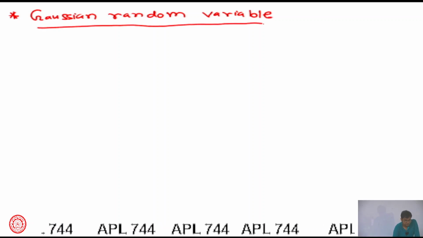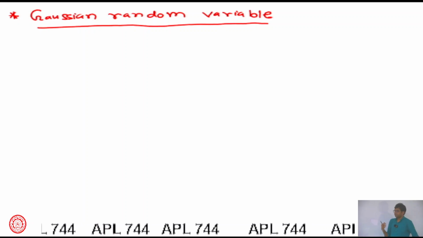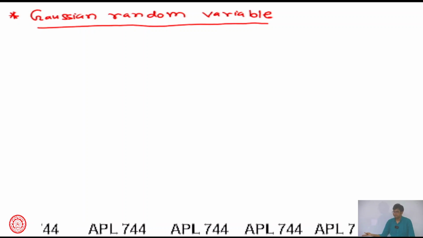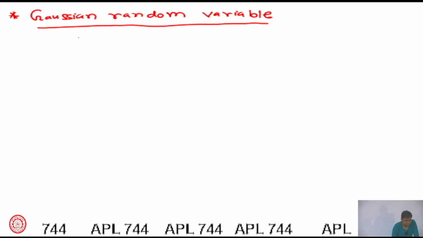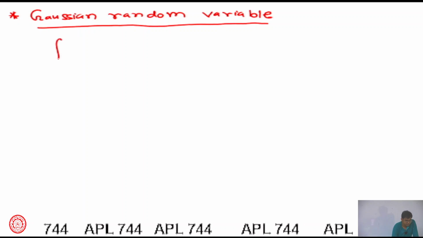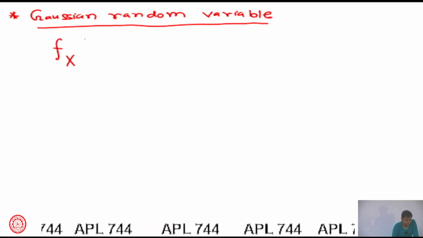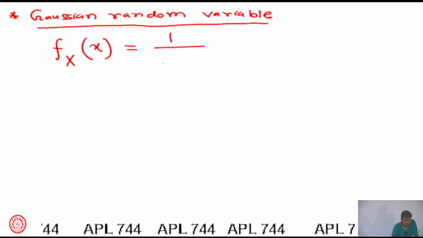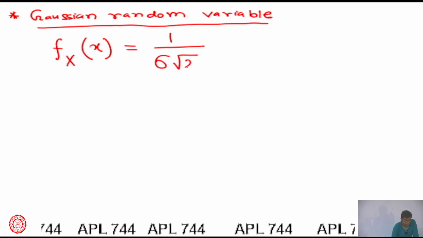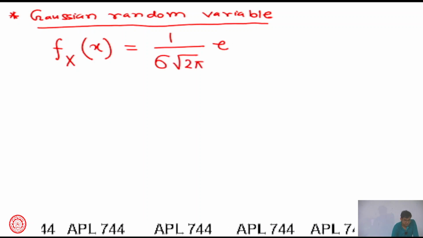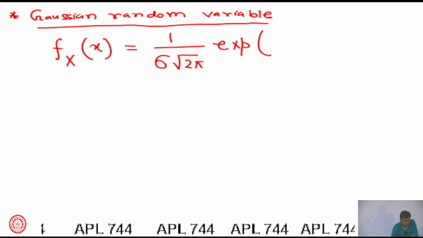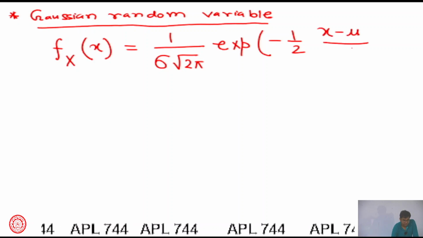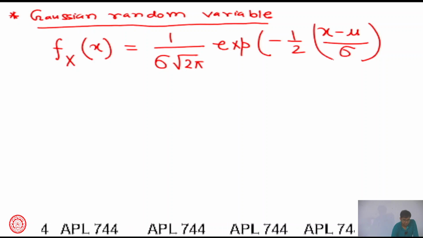Okay. And the first thing that you will need to define a random variable is its PDF, the probability density function, and the PDF for Gaussian random variable is represented in this form: 1 by sigma root 2 pi exponential of minus half, x minus mu by sigma, whole square.